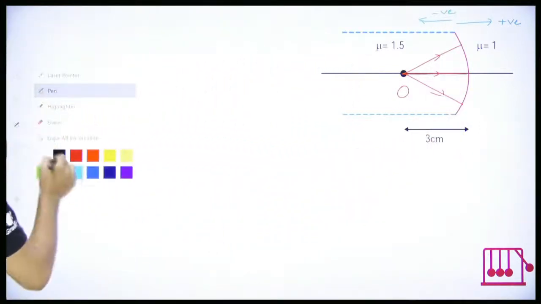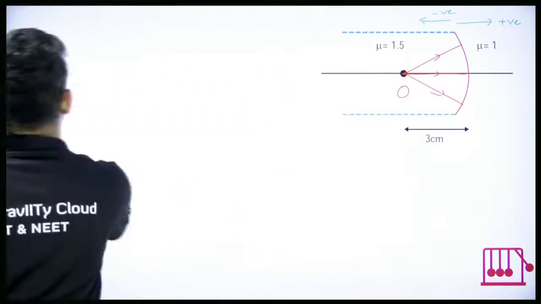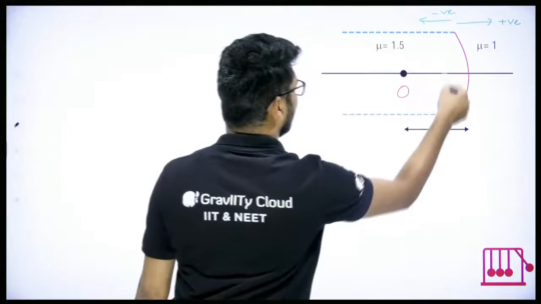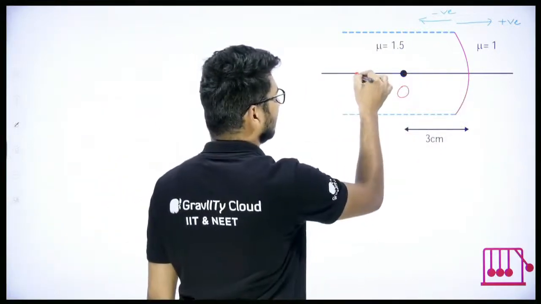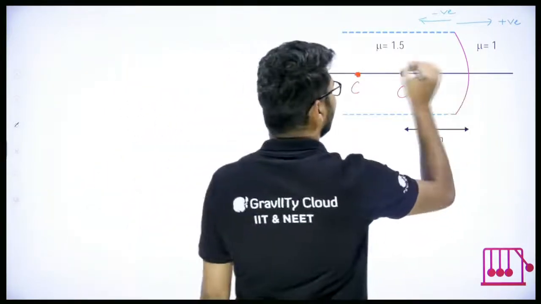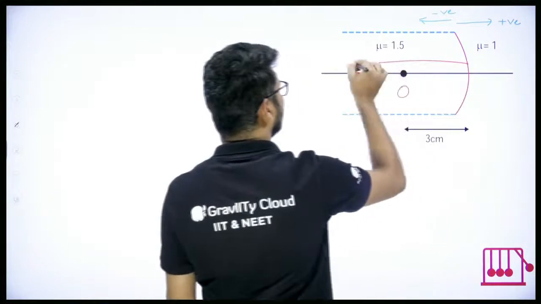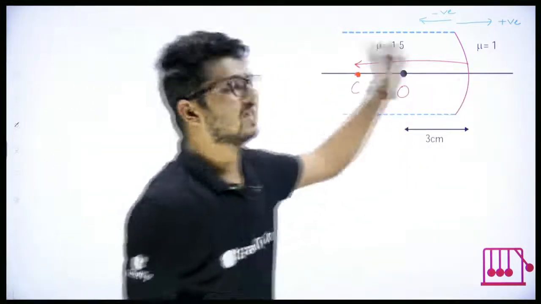And the distances are measured from the surface, right? So if I keep that in mind, we already got that the center would be somewhere here. Let's say the center of curvature is here. So from the surface, if I measure the radius, the distance of the center, is it towards right or left?